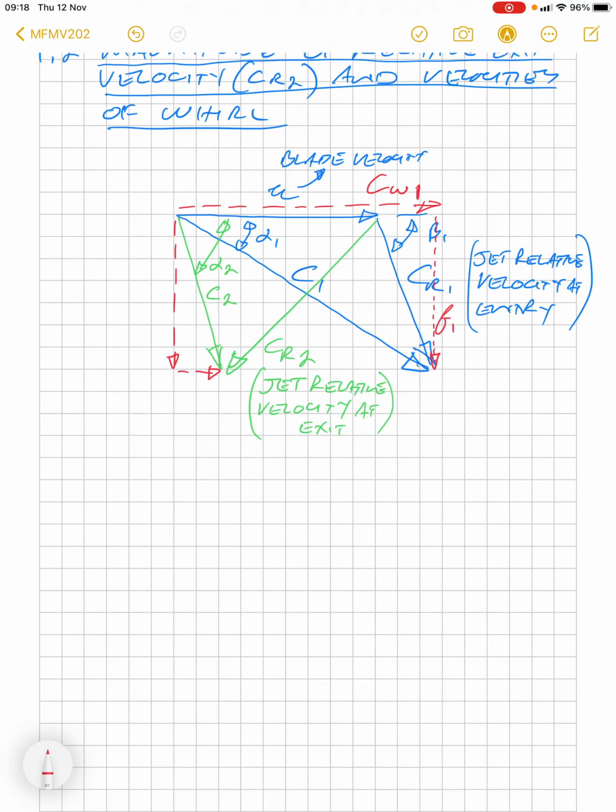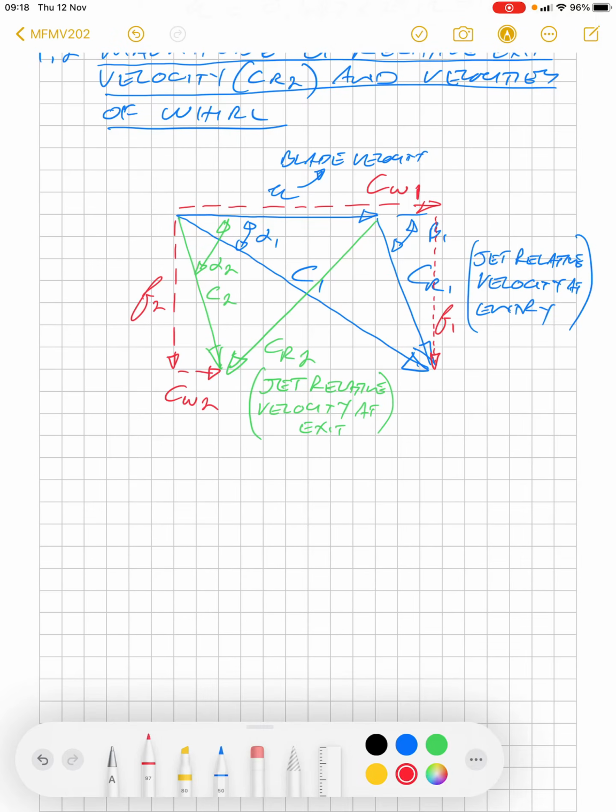We've got CF2 and CW2. So there's your second velocity of whirl at exit.